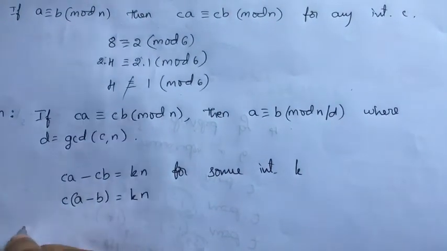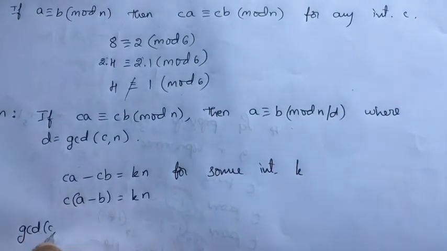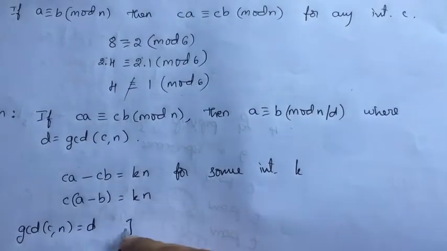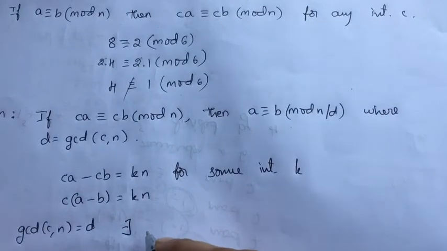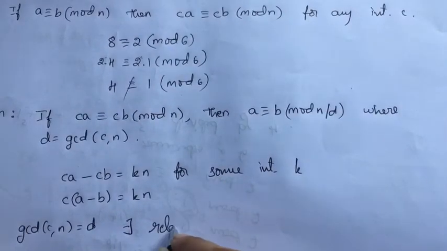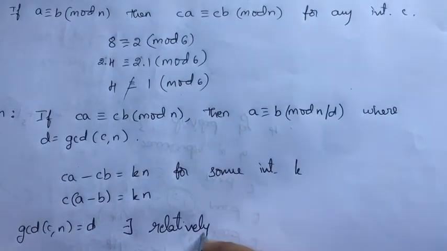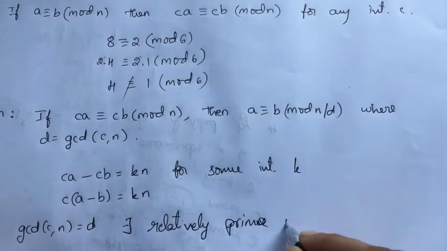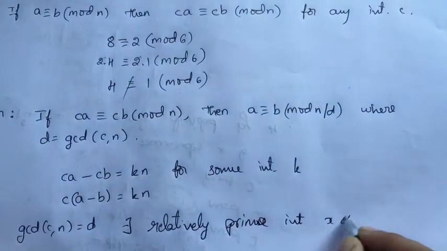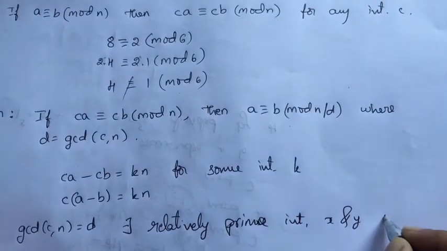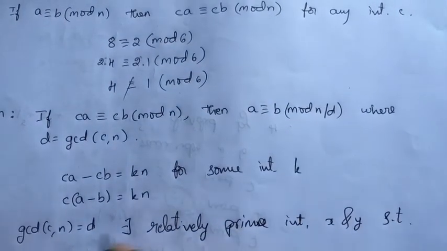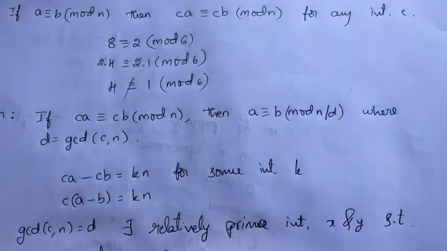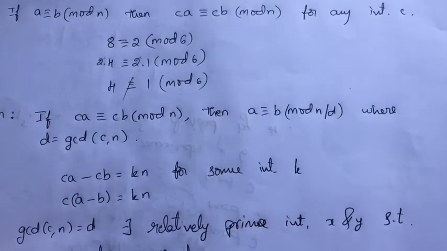Knowing that, I can say there exist relatively prime integers x and y such that C equals dx and n equals dy.